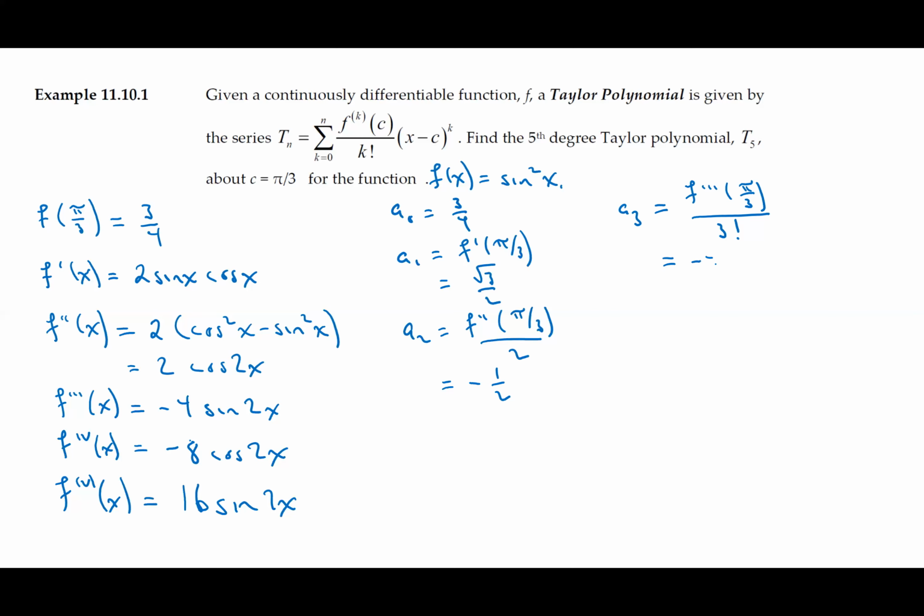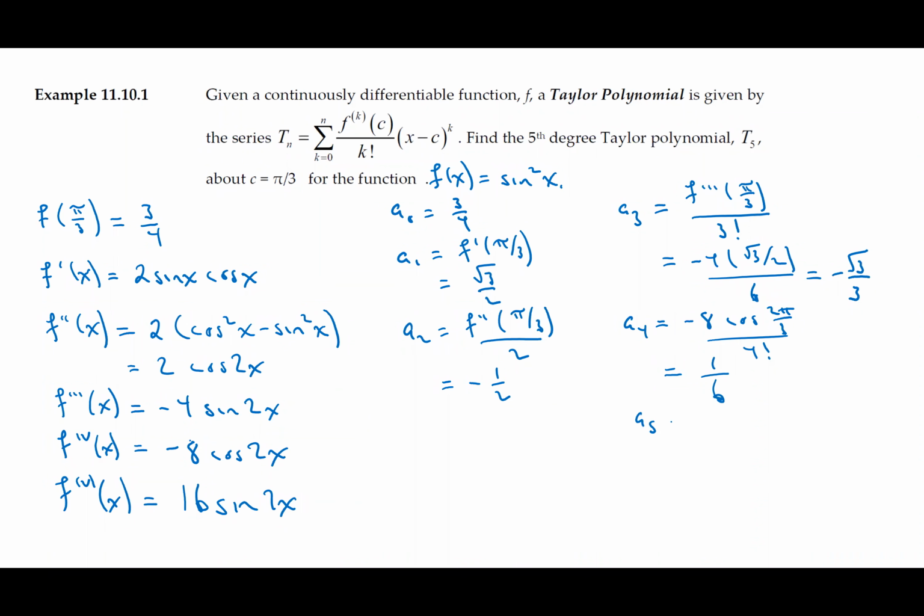So we have negative 4 root 3 over 2 all over 6, which is, let's see, that looks like negative root 3 over 3. A4, it's going to be negative 8 cosine 2 pi thirds over 4 factorial, which is 1/6.